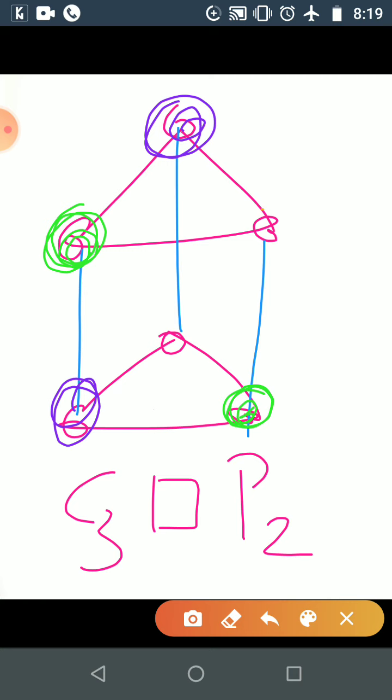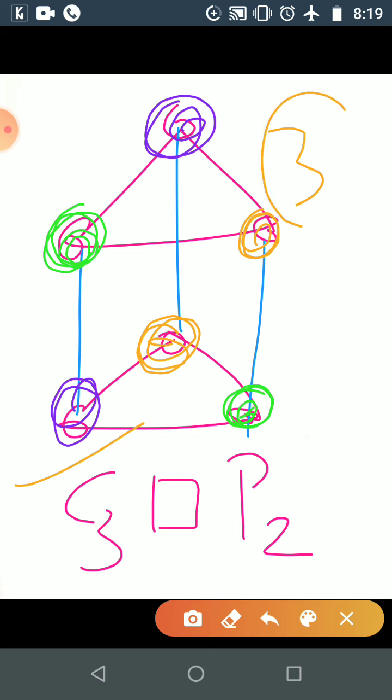And the third color you can give this one because this is adjacent with this and this one, and same here. So here we got the minimum coloring. So the minimum coloring is 3 and that is the maximum of the chromatic numbers. So the chromatic number is coming as 3 and this is the maximum of the C3 and P2 chromatic numbers. Okay, I hope you understood this one.